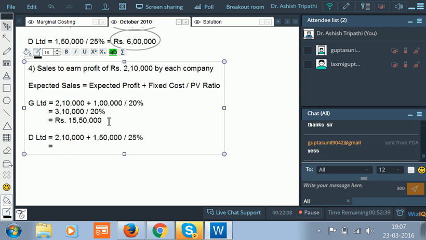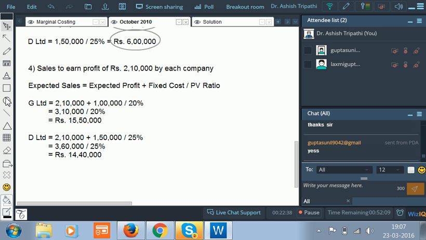So if we calculate this, we will get 3,60,000 divided by 25%. So that will give you 14,40,000.